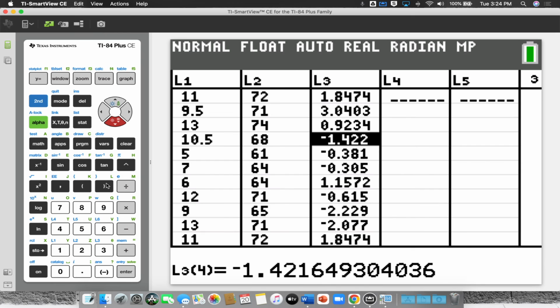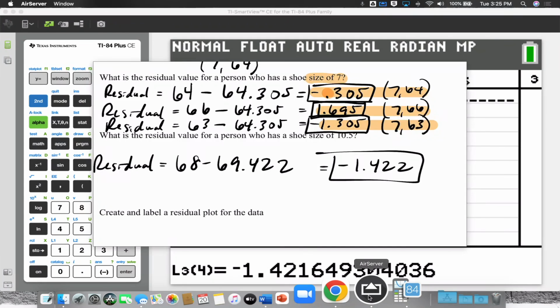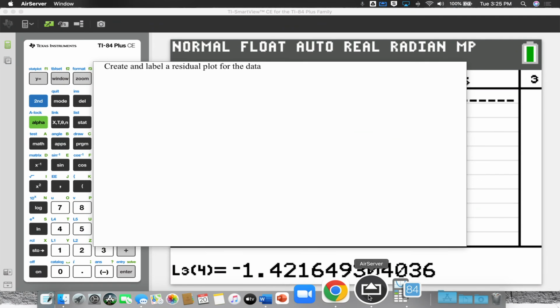Okay, so now what I want to do is graph those. What I want to graph is x versus y. Watch, I'll show you what my graph is going to look like before we actually tell the calculator to do it. The x-axis is going to be the x's.